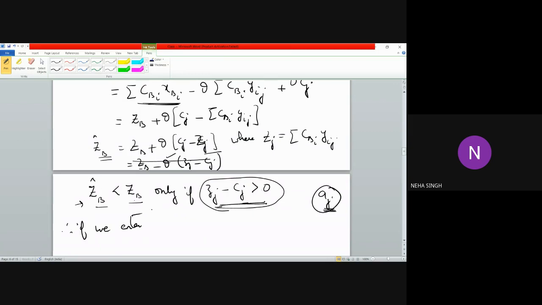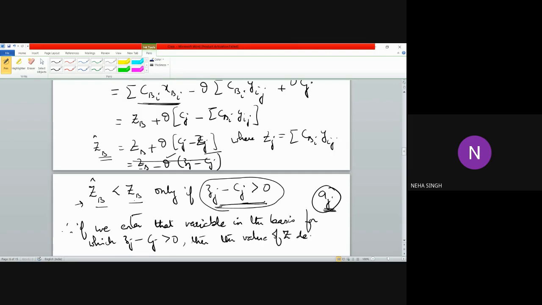So if we enter that variable in the basis for which Zj minus Cj is positive, then the value of Z will decrease. Is it okay? Now, will decrease means it will improve.